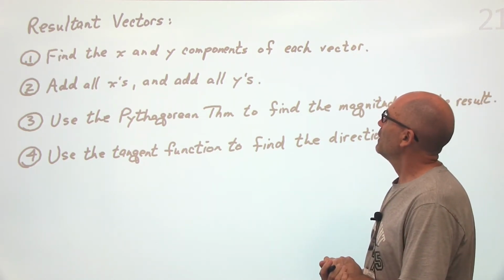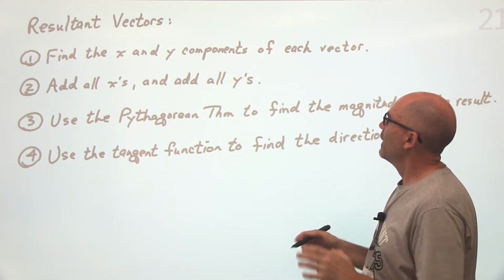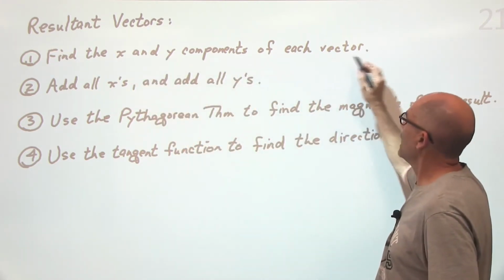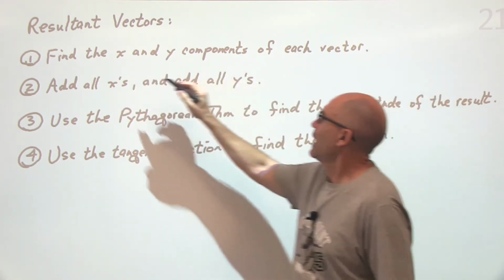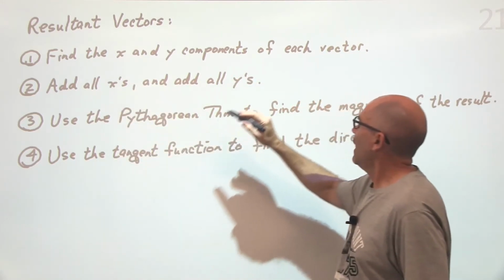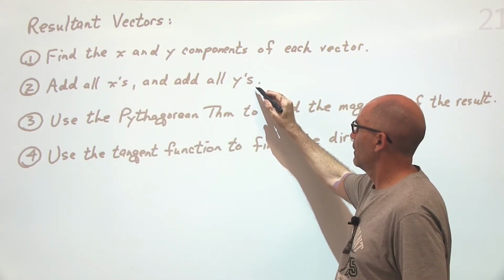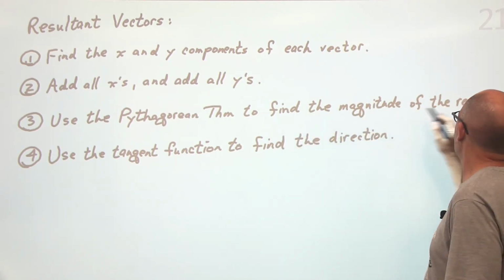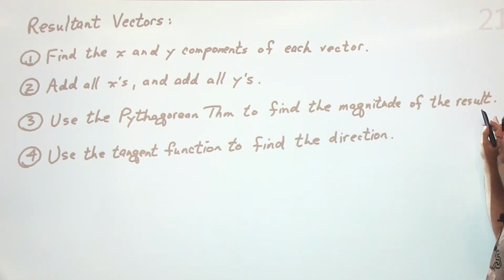Now, the resultant vector. How do we find the resultant vector? We find the x and y components of each vector. We add all the x's together, and then we add all the y's together. Then we use the Pythagorean theorem to find the magnitude of the result.